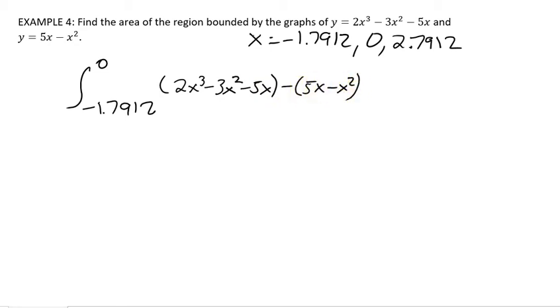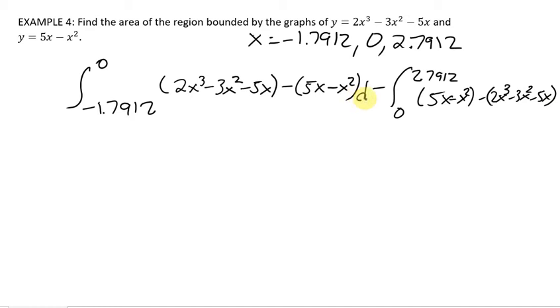Then we'd have a second integral from 0 to 2.7912, and during that time, the 5x minus x squared is on top, and the other one is on the bottom. Don't forget our dx.